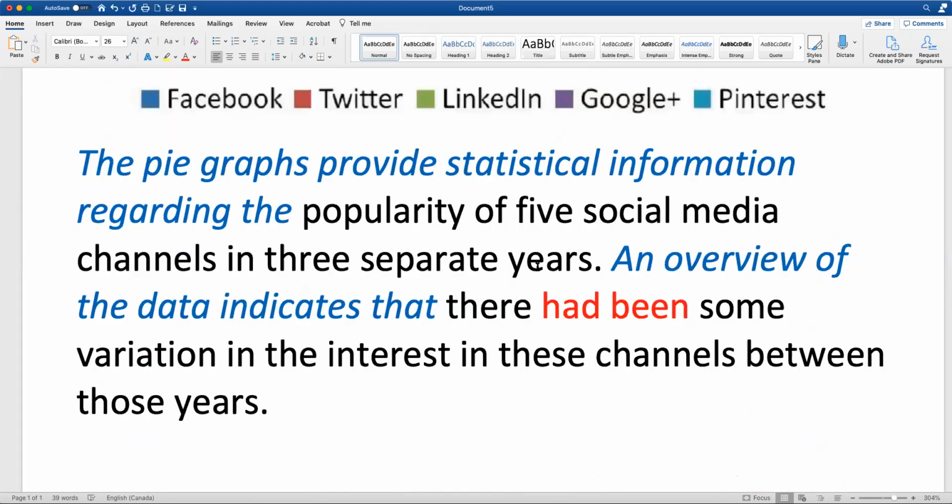If I want to use difference rather than variation? Yeah, there have been some differences, or some changes, yeah, same.